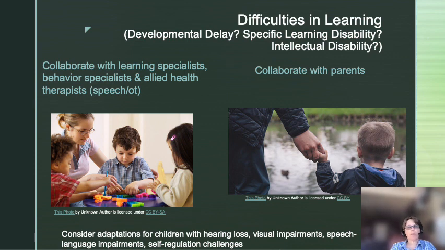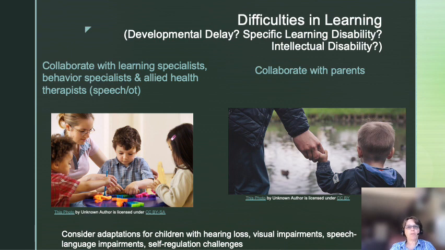We use the term intellectual disability after the age of 8, and this is usually defined by looking at overall intellectual functioning in both verbal and nonverbal ways of processing information. And the person who has an intellectual disability is going to be able to learn and grow all the time, but is going to do so at an overall slower pace across the lifespan.